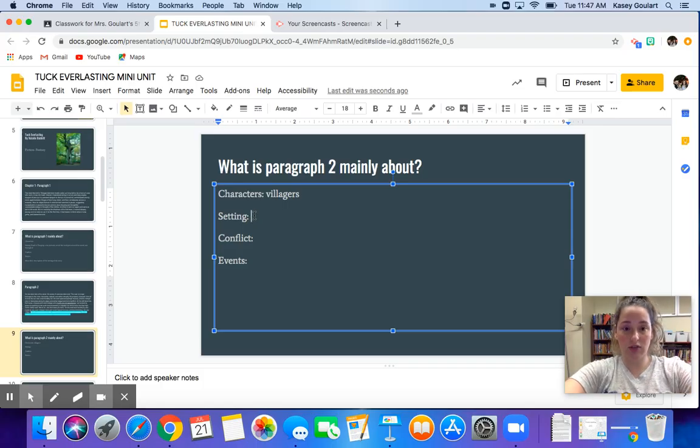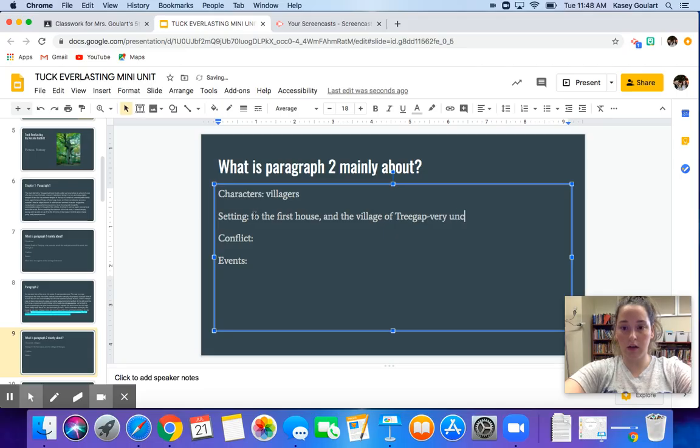So the setting changes to the first house, comma, and the village of Tree Gap. I'm going to put a dash.